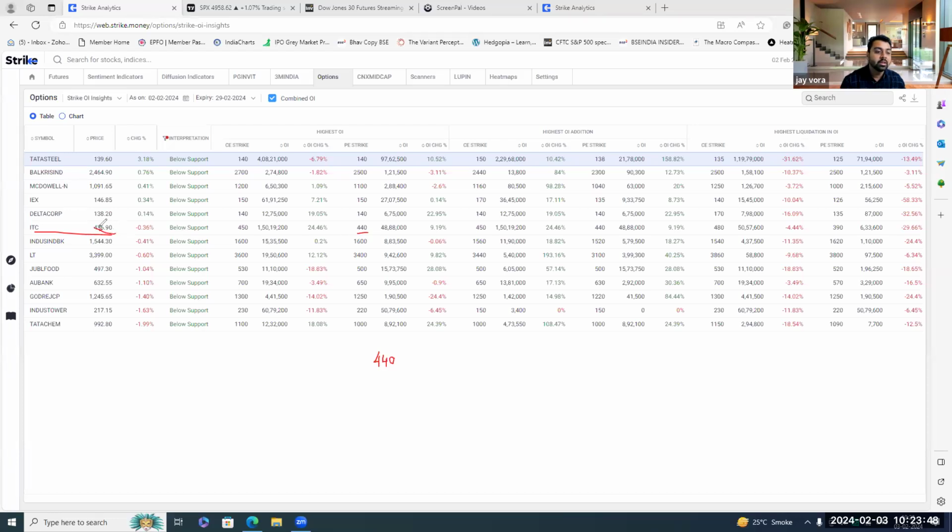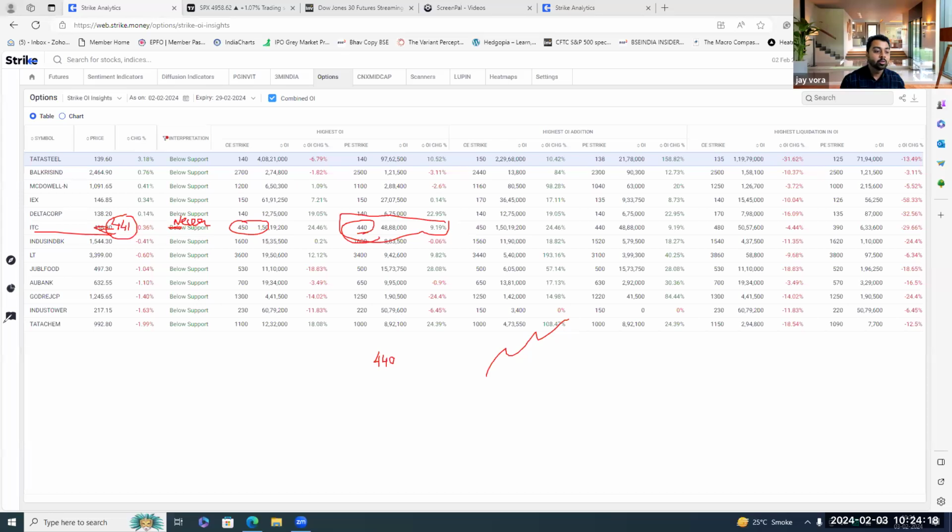And imagine if the price was at 441. Okay. Now it is closer to the put option, right? Rather than the call option. So over here in the interpretation, it would have shown you near support. Okay. Which means that right now it is at the support level. And if the prices respect this zone, then most likely it will take support and start rising higher once again.